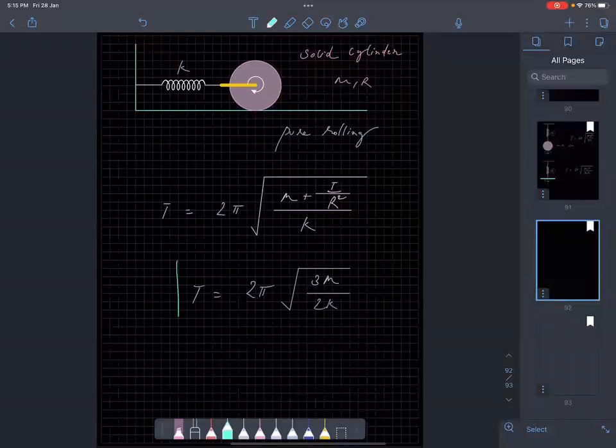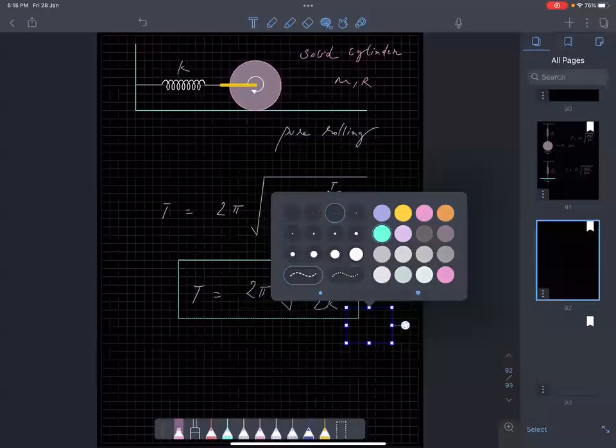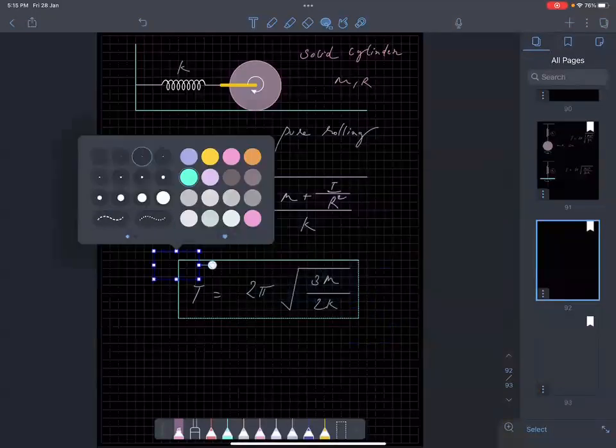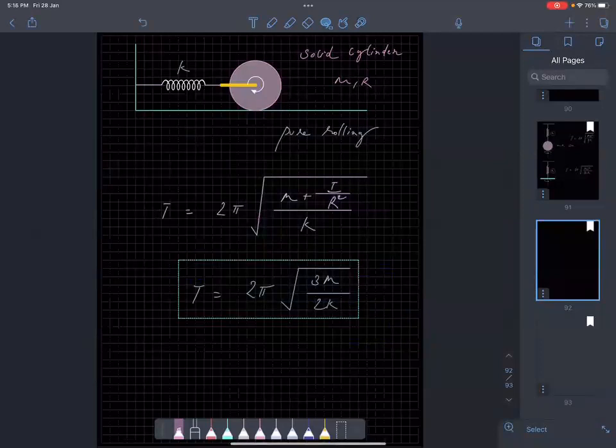Okay, fine. Now instead of a solid cylinder, if I give you a solid sphere, what will you do?